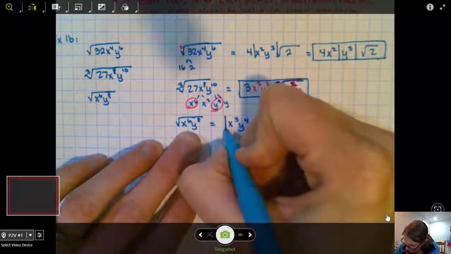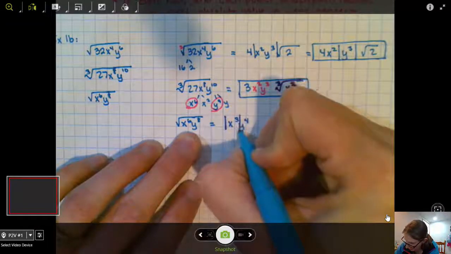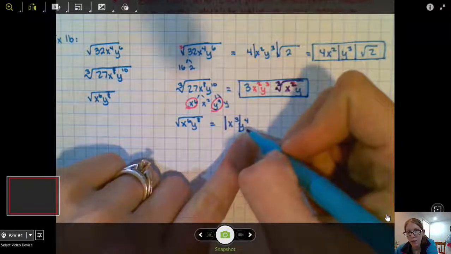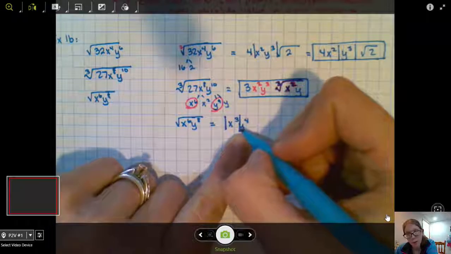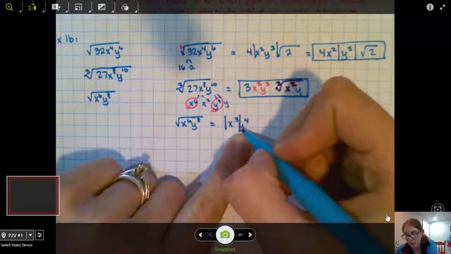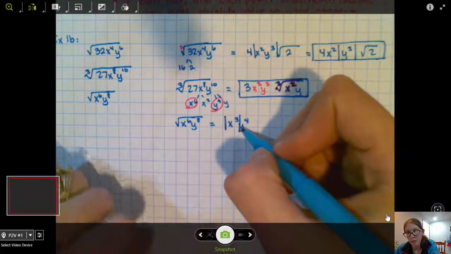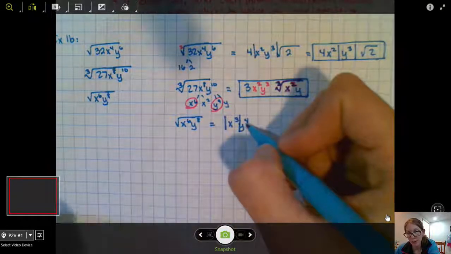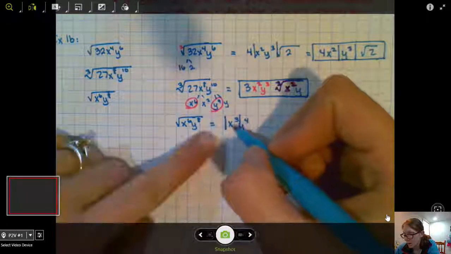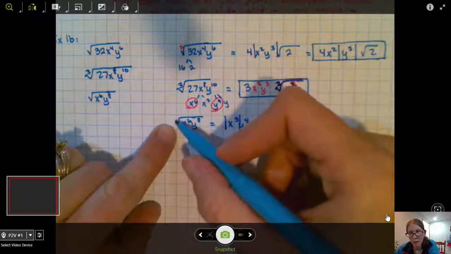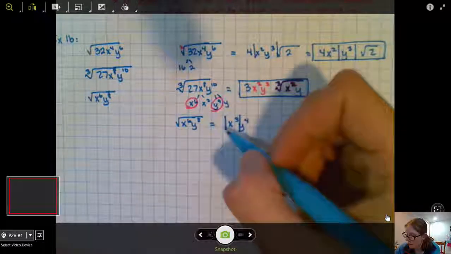And if I just jump to what my final answer would be, I'm going to end up needing the absolute value around the x cubed, not around the y to the 4th. The y to the 4th doesn't need the absolute value because y to the 4th is always going to be positive because I have an even power here. But I need my absolute value around my x cubed because I have an even root and even power underneath.